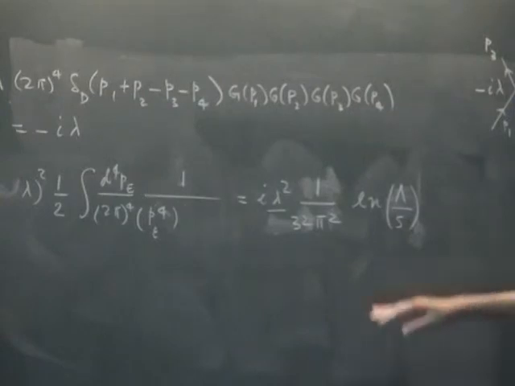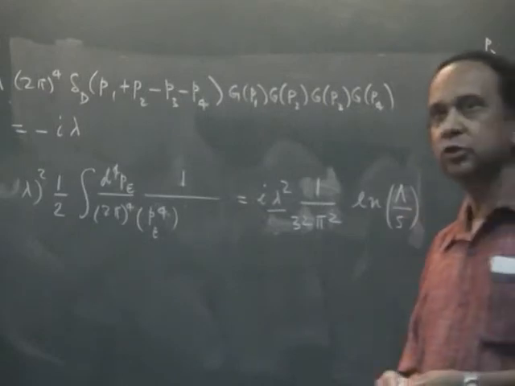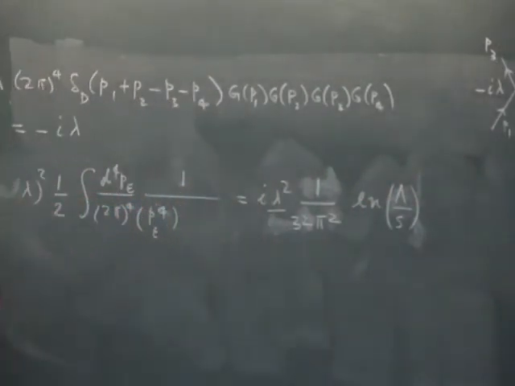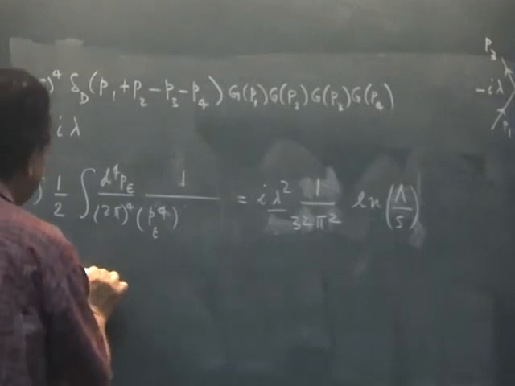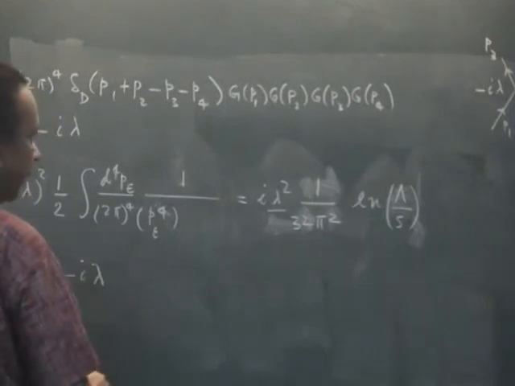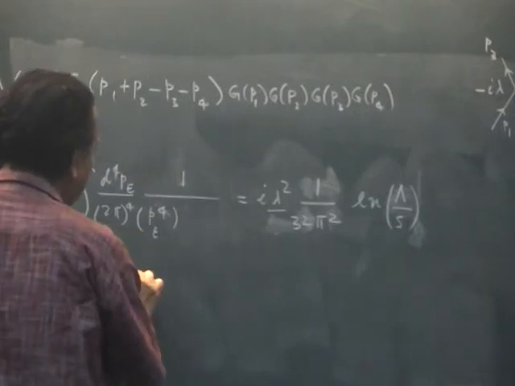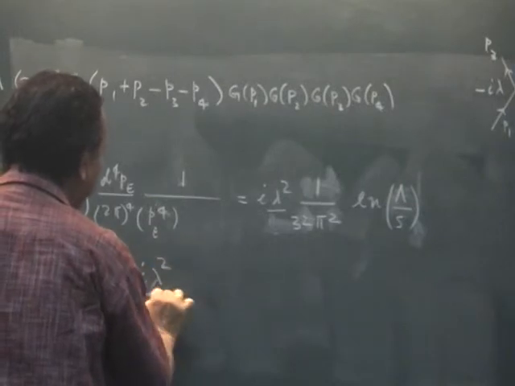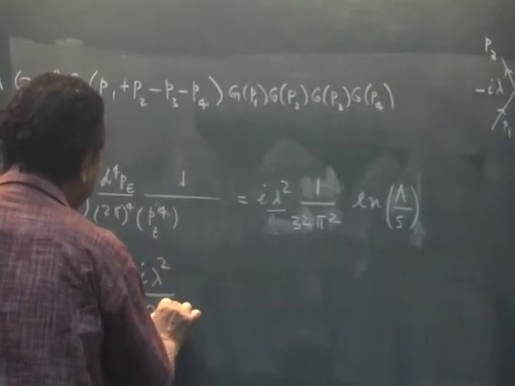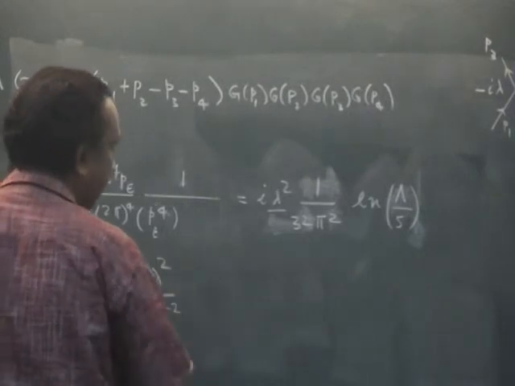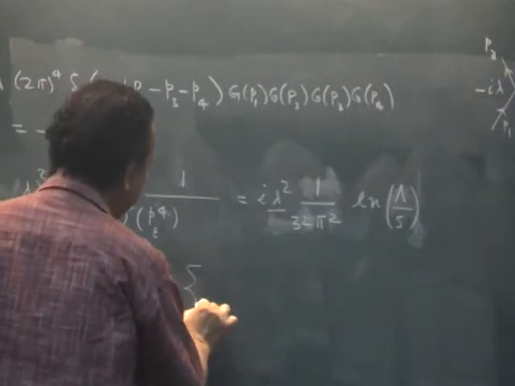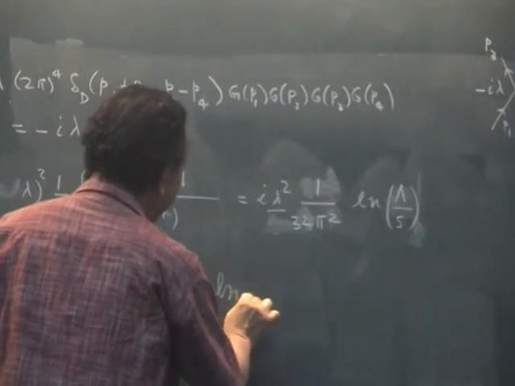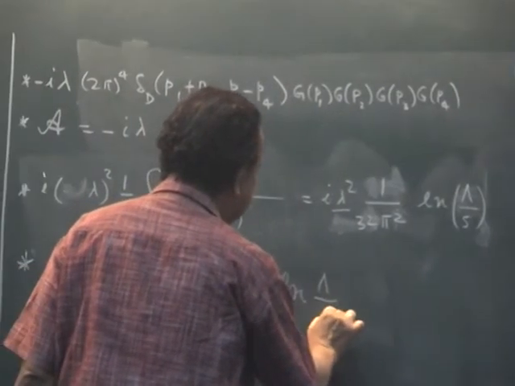Okay, let us get to the physics. So this is the amplitude which we have got. What we are now saying is that the amplitude for this scattering to order lambda square is given by minus i lambda, plus i lambda square upon 32 pi square times log of lambda by s.